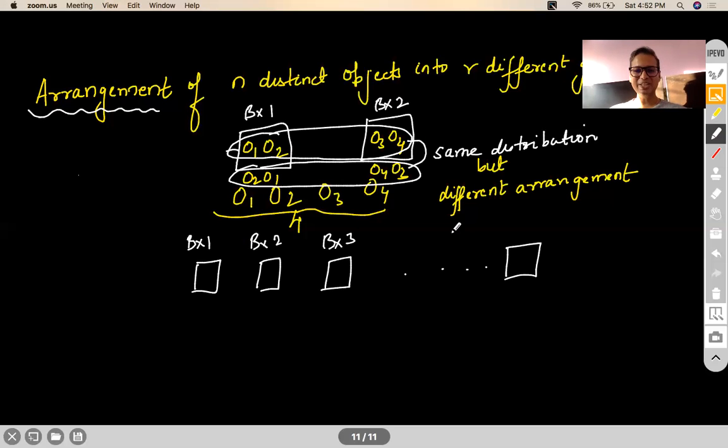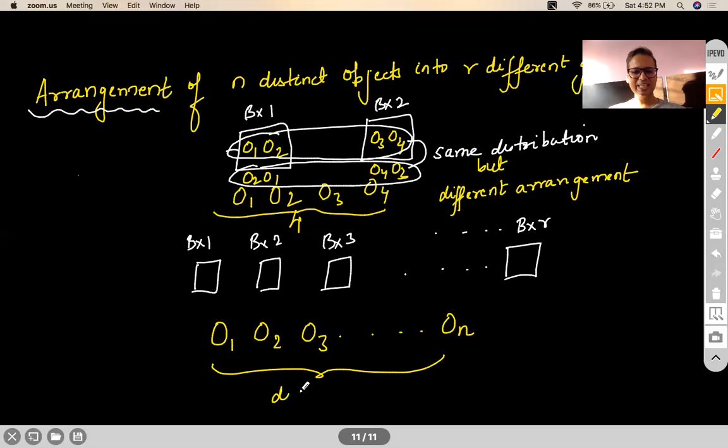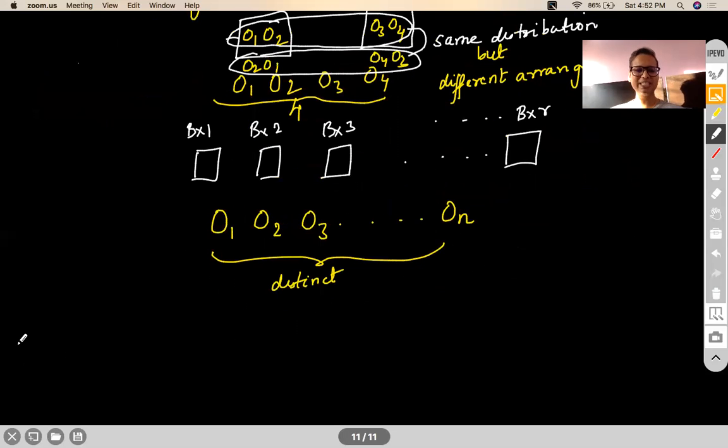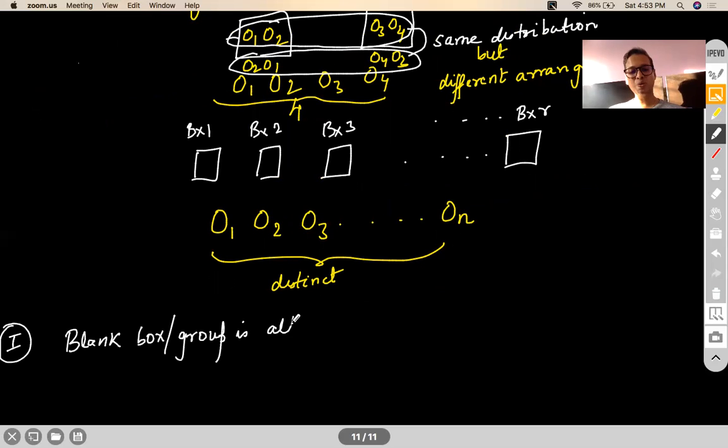So let's say these are your R different or distinct boxes, and these are your n distinct objects. In how many ways can you arrange these objects into these R different boxes such that a blank box or blank group is allowed?